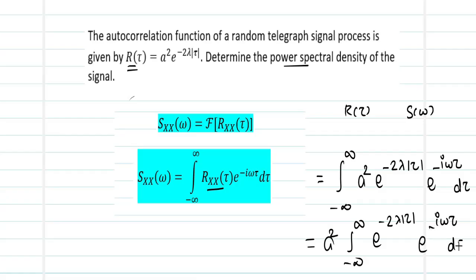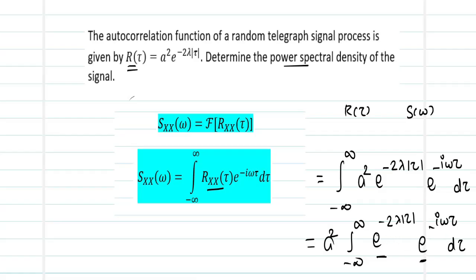Now a few things which we saw as hints will help us to solve this problem in a better way. Hint number 1: when the input function is exponential, keep this exponential function as such. Do not split it as cosine and sine. You split it as cosine and sine when it is algebraic, then it will become easy for you.